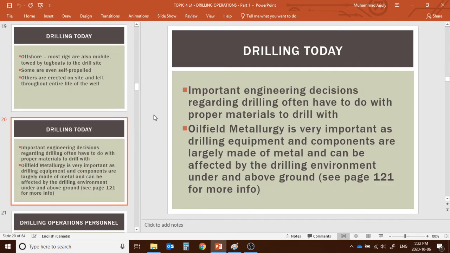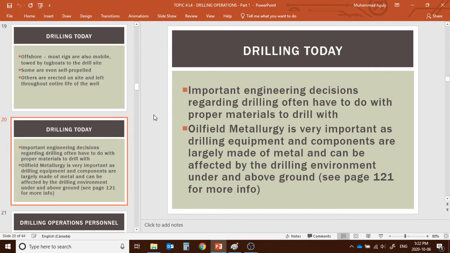Now, drilling today, there are so many important things we consider right before starting the drilling. For instance, oil field metallurgy is very important. The geologist will give you the information about what types of rock are in here.